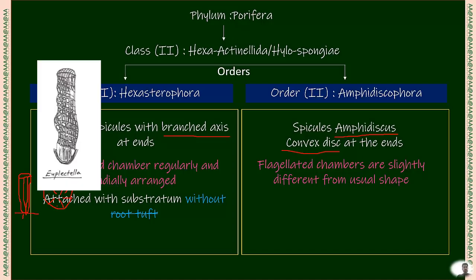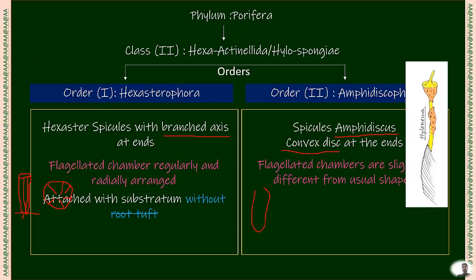But in case of Amphidiscophora, there is a shape like this, but they have a lot of fibrous projections coming out, appearing like roots.